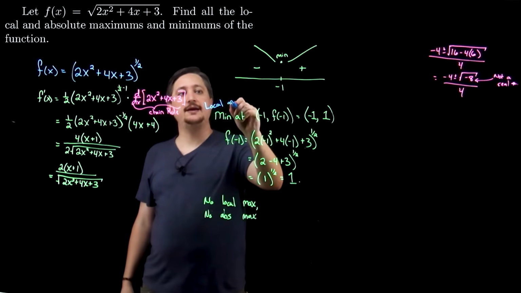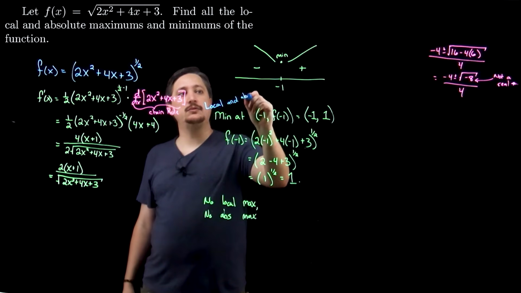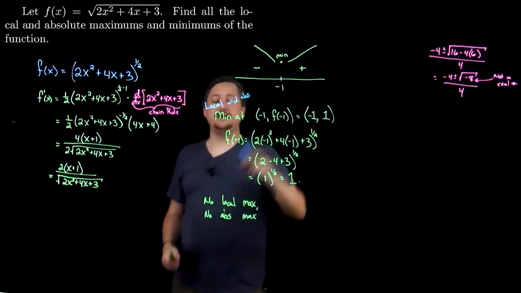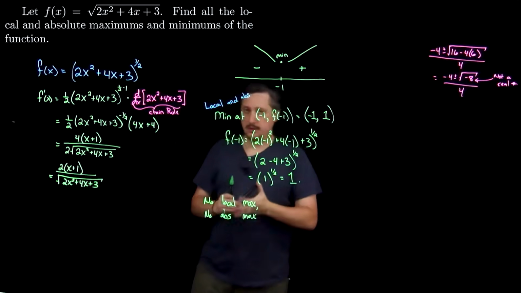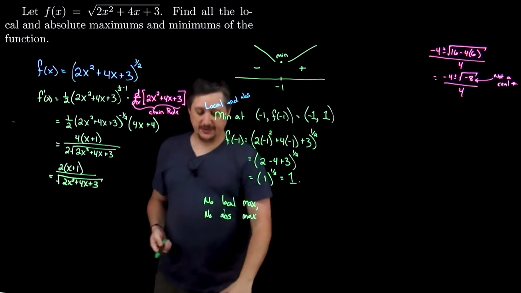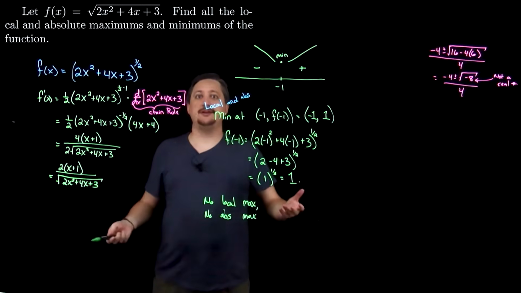So this is a local and absolute min at negative 1, 1. Okay? So that is that.